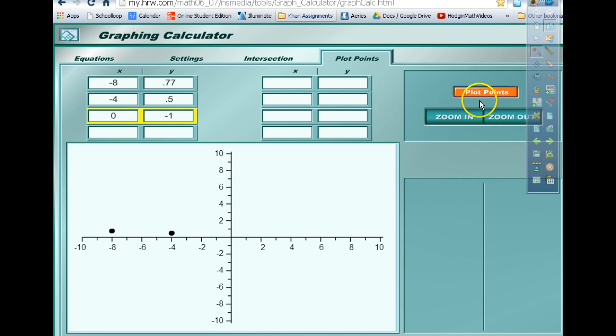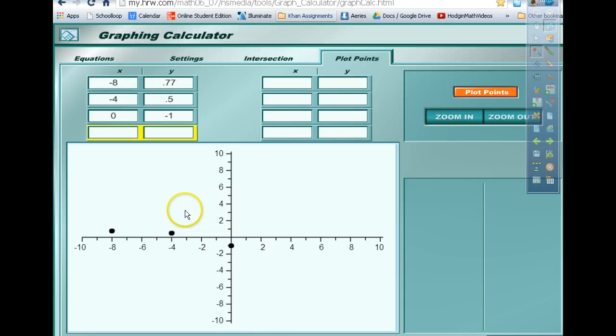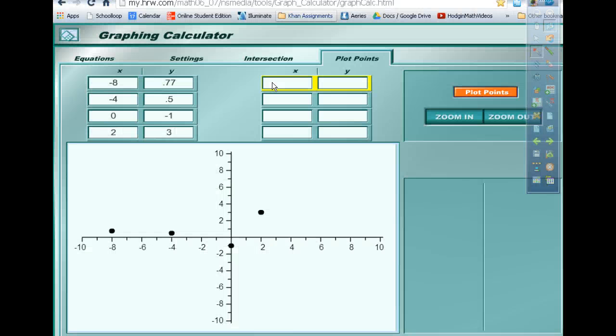Okay, plot that one. Here. Yep, 2. We don't put in the asymptote because that's undefined. So we'll go to 2, and we got 3. Okay. And we'll put in 4 and then 8.